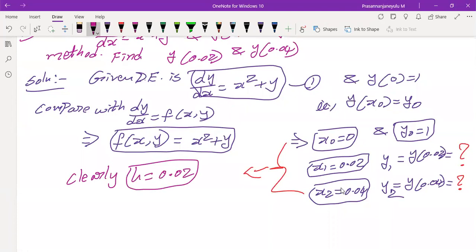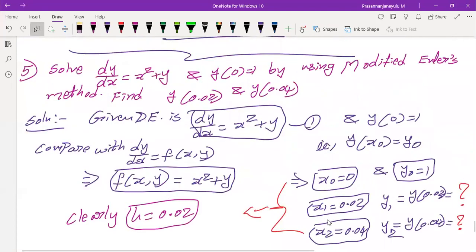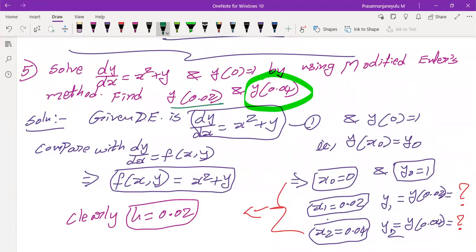But sometimes they may not ask the question like this. They may ask us to find y of 0.02 and y of 0.06. Then what can you understand?